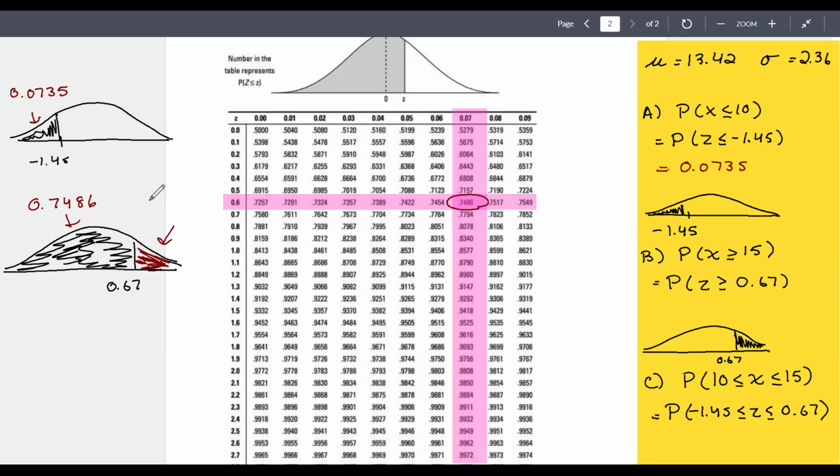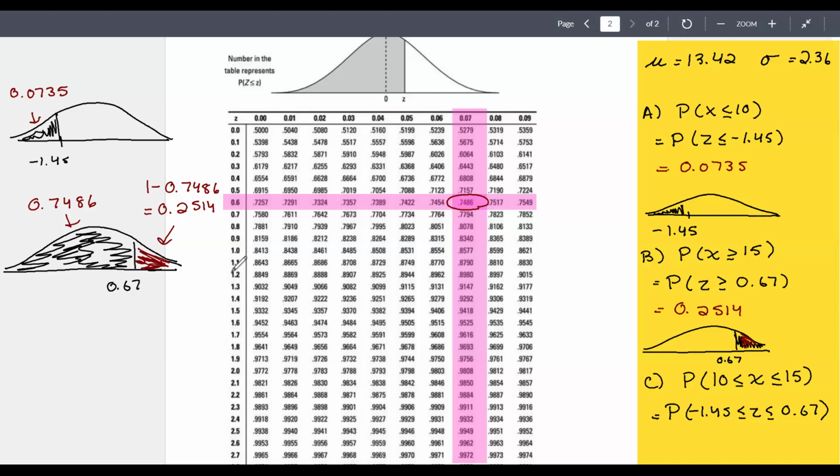So the area that we actually need is 1 minus 0.7486, which will leave us with 0.2514. So that would mean that this area here is going to be 0.2514, or in other words, the probability that a dog lives longer than 15 years, or we have a z-score greater than 0.67, is going to be 0.2514, so a little over a 25% chance.